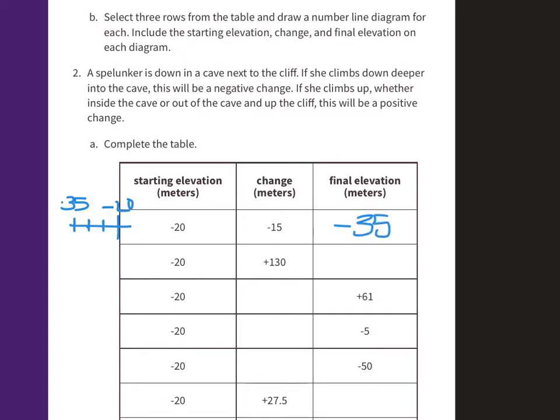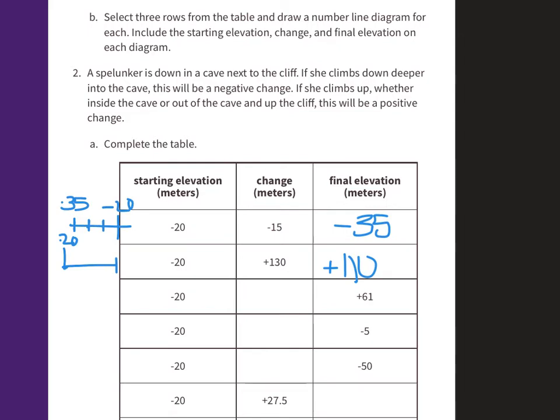Okay, now we're at negative 20, and we're adding 130. So I would use my calculator for this one. Negative 20 plus 130 gives me 110, positive 110.